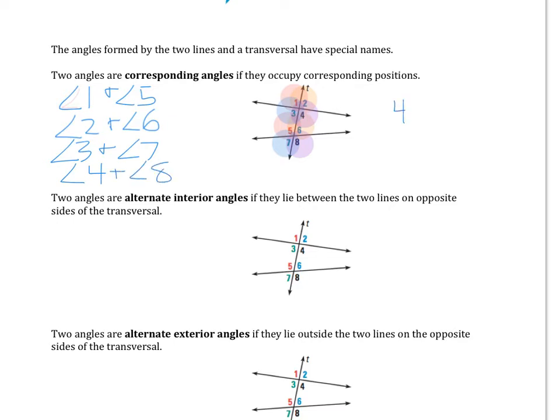So there are 4 pairs of corresponding angles when we have two lines. That's important to note. That is only 2 lines and a transversal.